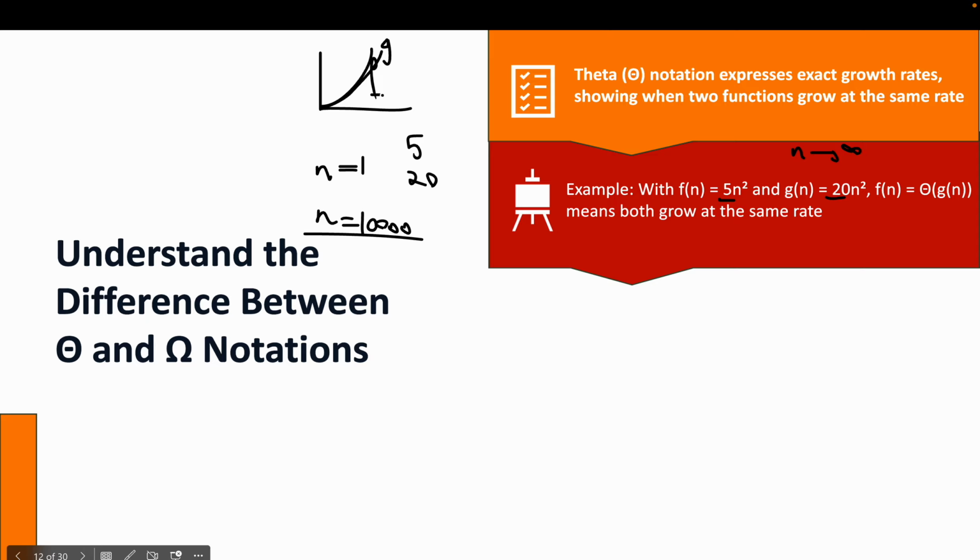You can see g and f are very much the same, because both of them are n squared, and the only difference is the coefficient. It will not change their behavior when the input size grows a lot. So we can say that f(n) equals theta(g(n)), meaning they have the same growth rate.